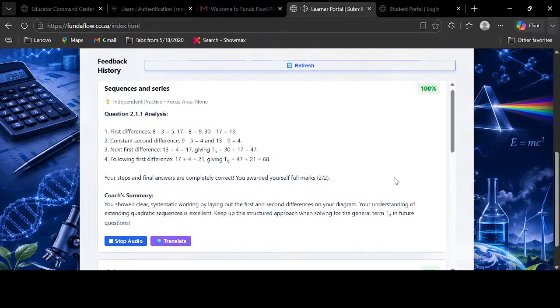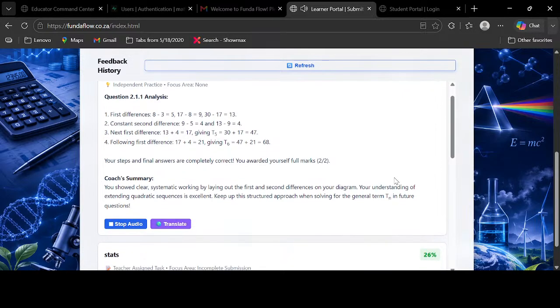Your steps and final answers are completely correct. You awarded yourself full marks, 2 halves.